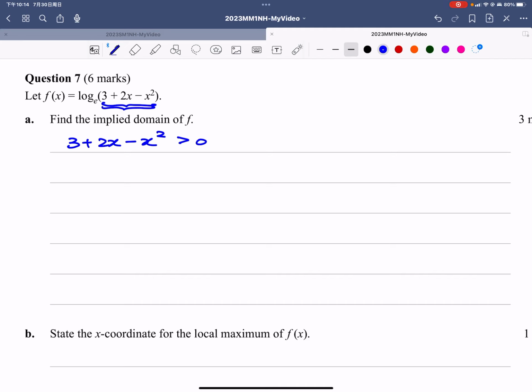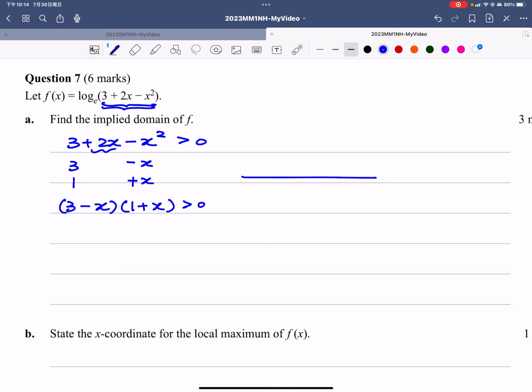Now we can take, let's say, 3, 1, minus x, well, it doesn't work. Minus x, plus 3x minus x, 2x. Yep, so I should get 3 minus x, 1 plus x greater than 0.